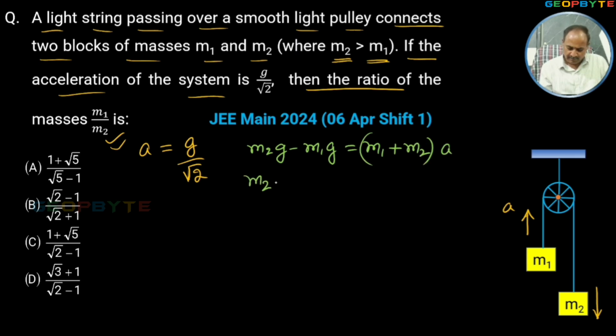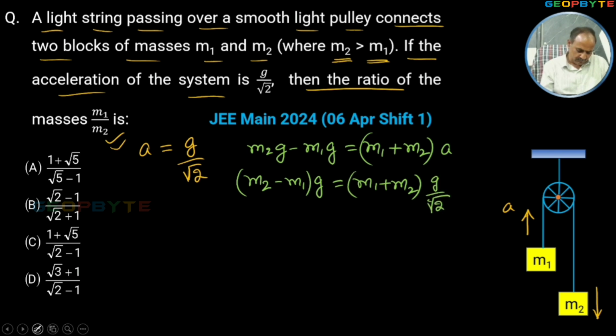Okay. m2 minus m1 multiplied by g equals m1 plus m2 into a, given a equals g by root 2. This g value is cancelling.